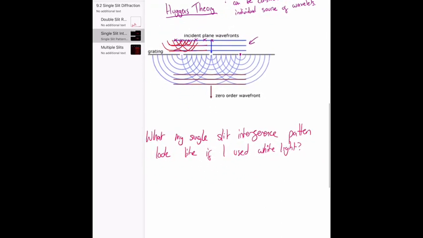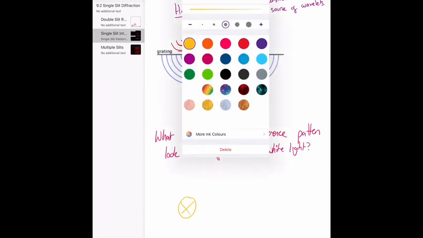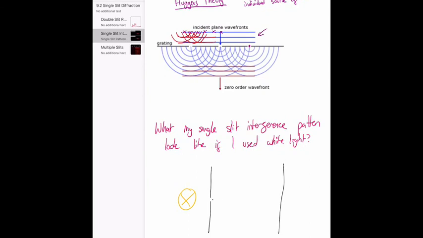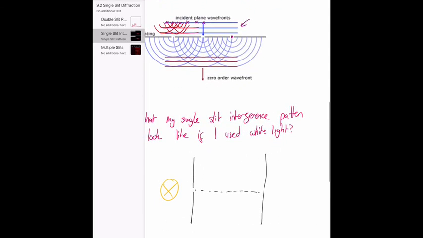We can do the same single slit interference pattern with white light. So if I used a light bulb here, got my single slit, light going through, and if I've got a screen over here, I'm going to get this interference pattern. So, to give you guys a little clue, have a little think. Directly in front, how has the light been diffracted, if at all?